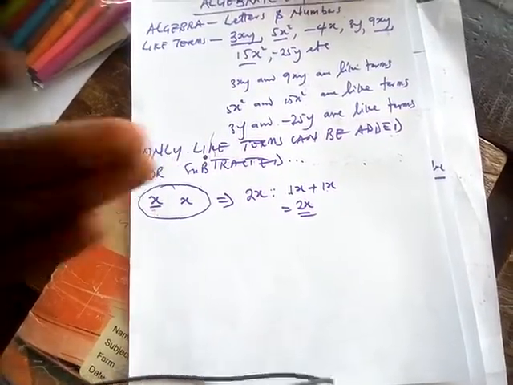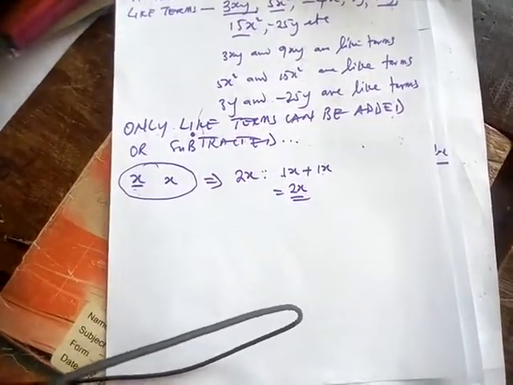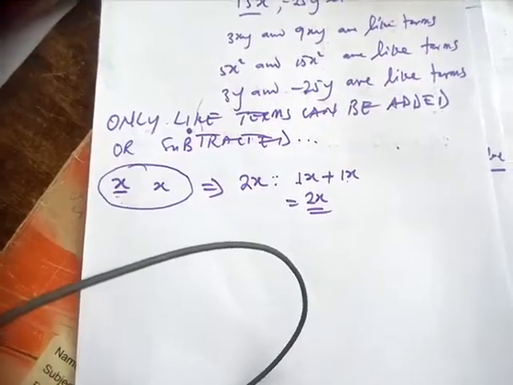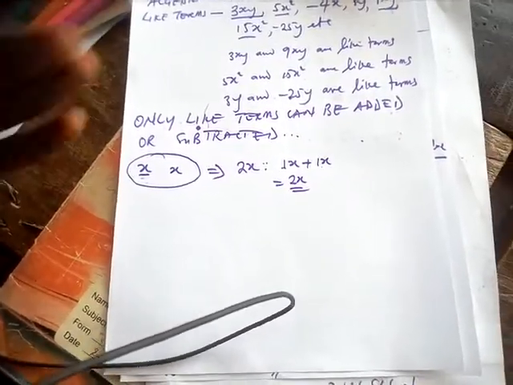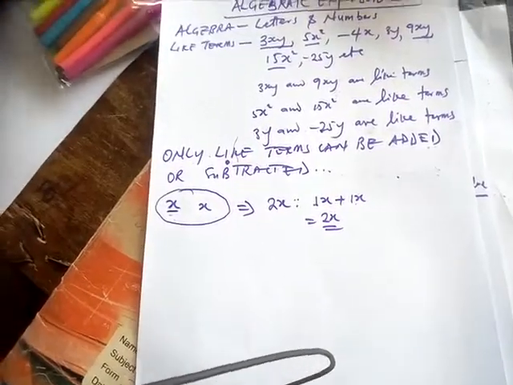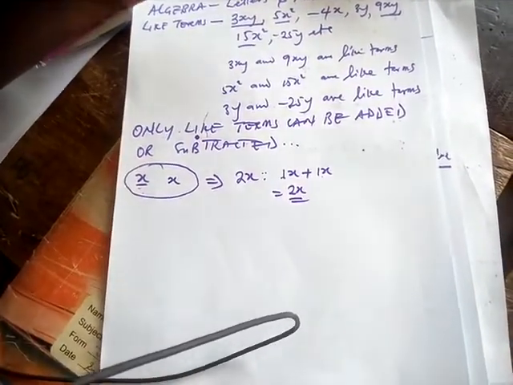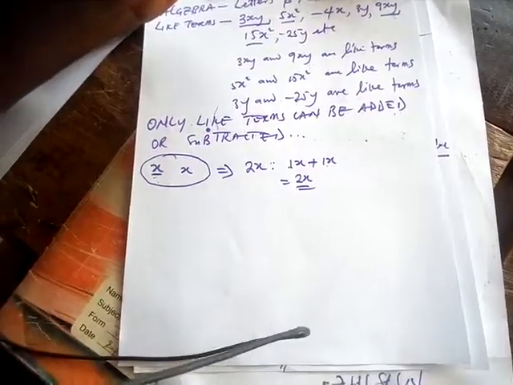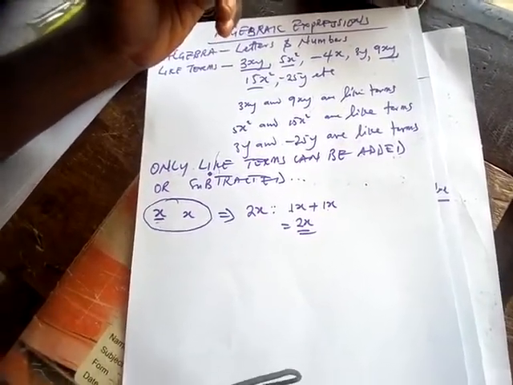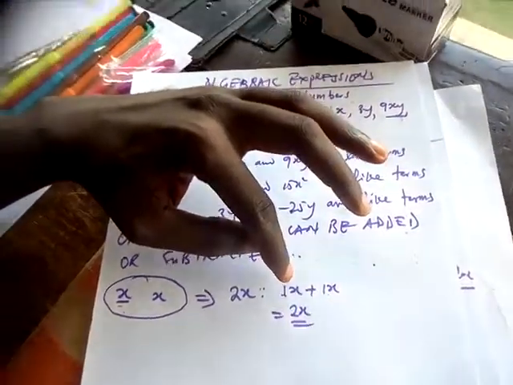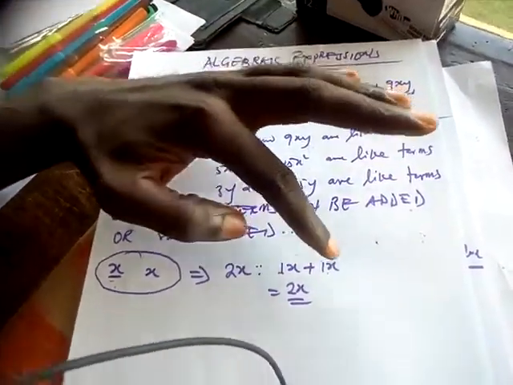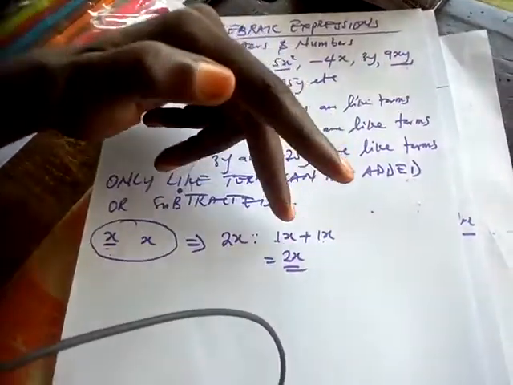So here, a coefficient is any number which is attached to a variable. A variable is a letter or a symbol in mathematics. So it is attached to a variable by multiplication, or in other words, even division. So here I simply added the coefficients, not the x.